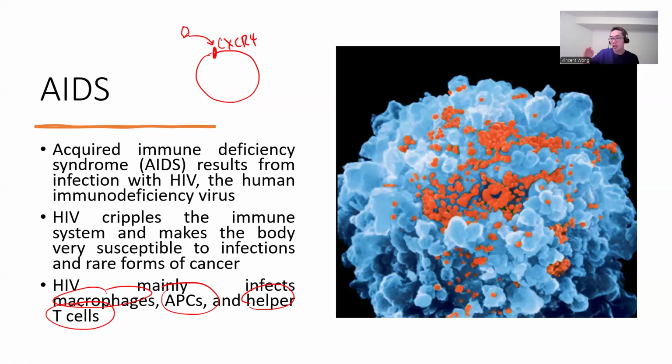So what happened was, it just happens that the donor who was giving the bone marrow had that mutation on this CXCR4, right? So after the bone marrow was given to the AIDS patient, all the new cells that are coming out are not going to be affected by the HIV, and he essentially got cured from AIDS.